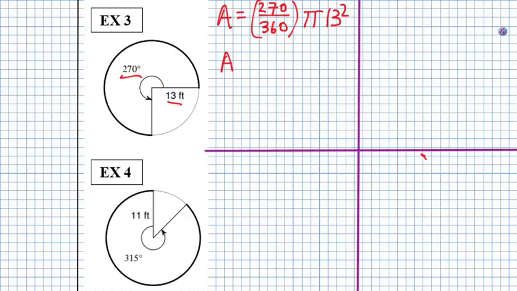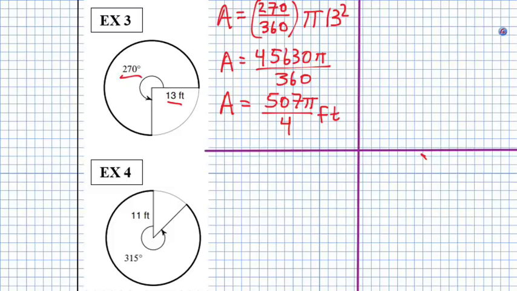And so the area is equal to 45630 pi over 360. And so we get that the area is equal to 507 pi over 4 feet squared.